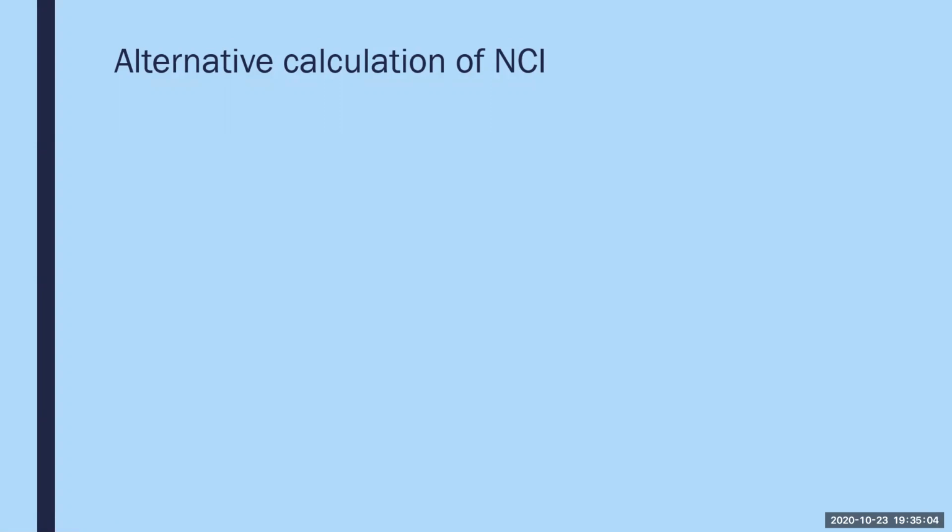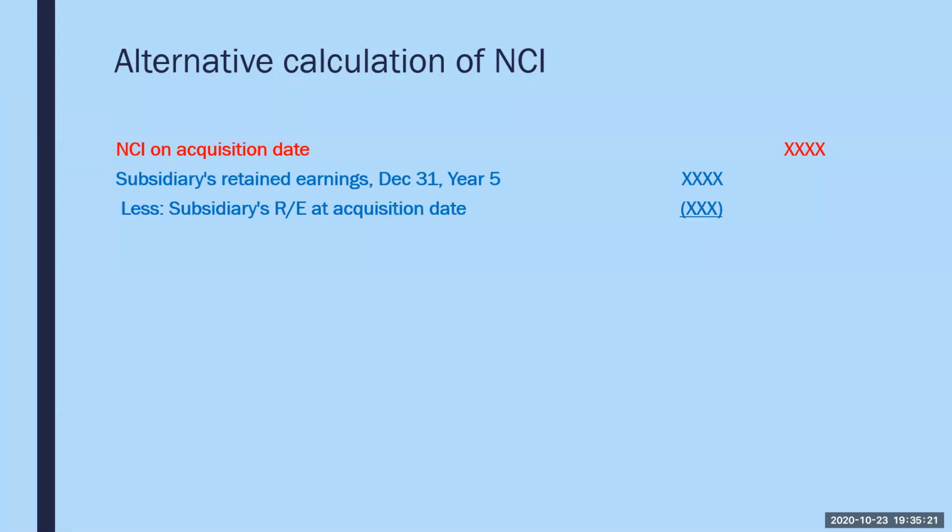All that is needed is that in place of the parent's adjusted retained earnings, you substitute NCI on acquisition date. Everything else remains the same, i.e., you take the sub's retained earnings at the end of the current year, subtract the subsidiary's retained earnings on acquisition date to get the change in the subsidiary's retained earnings since acquisition.